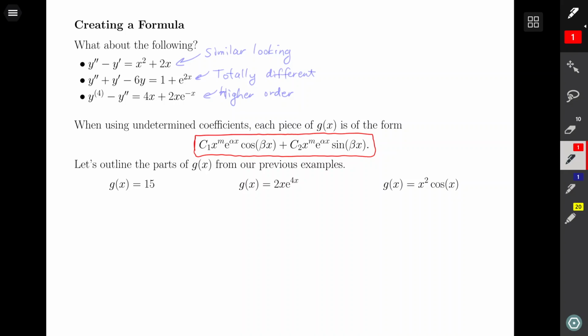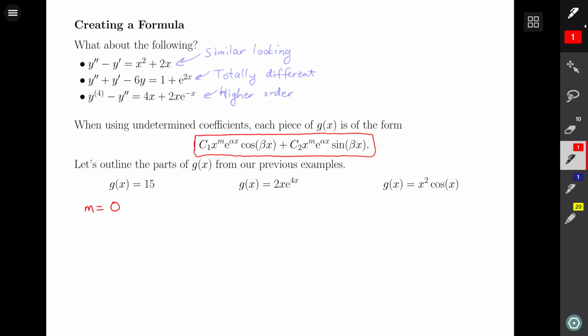So from previous examples, there's a g of x equals 15. That was the first example that we did. I want to break down that 15 in terms of the various things that appear inside the red box formula. So first of all, there's no x's anywhere. So that means that m is equal to 0.